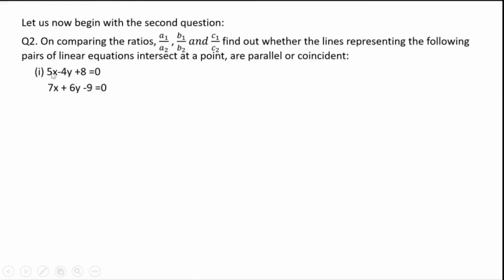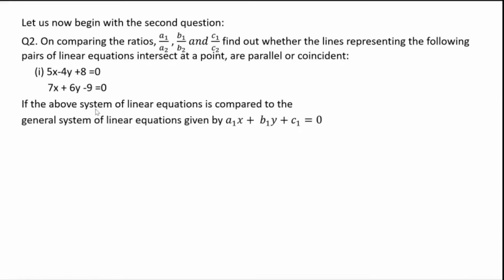I compare these two equations with the general form of the equations a1x plus b1y plus c1 equal to 0 and a2x plus b2y plus c2 equal to 0, and I get a1 comes out to be 5, b1 as minus 4, c1 as 8. Exactly the same way, a2 as 7, b2 as 6, and c2 as minus 9.